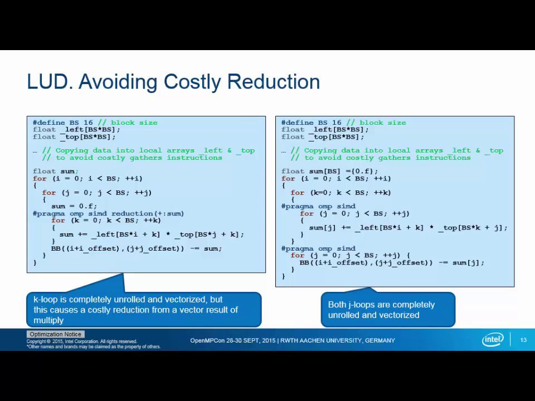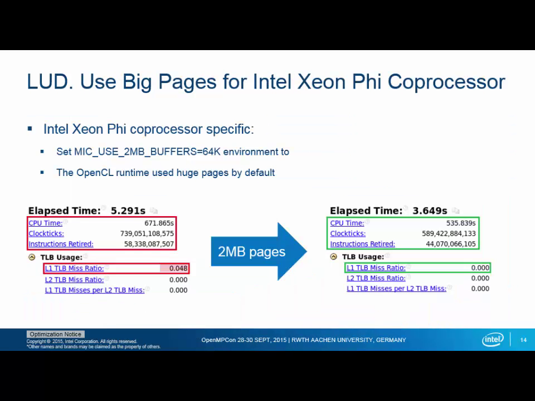And the last step demonstrates the power of big pages on the Intel Xeon Phi.